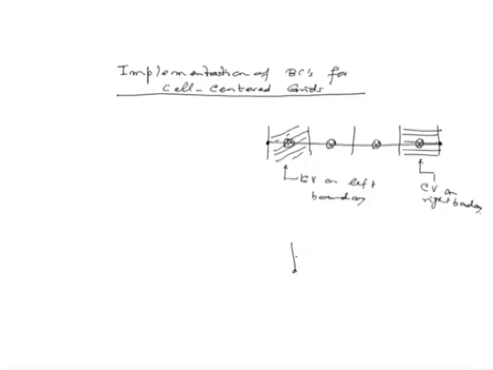So, this is our boundary, this is our CV, and this is our computational node P. We will take a ghost CV and its centroid becomes, in this case, capital W. This becomes our ghost CV and this becomes our ghost node.